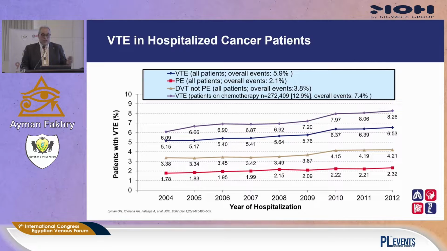And this is a very important curve showing the years of hospitalization of cancer patients when they develop VTE. Over all types, VTE occurs in about 6%, while pulmonary embolism occurs in about 2%. That means about 1/3 of those who develop cancer and venous thrombosis can develop pulmonary embolism. This is why it is a very serious problem.